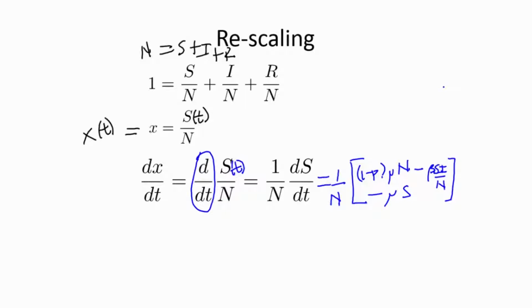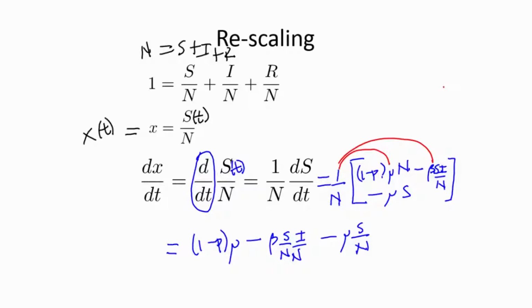Okay, so that expression, I'm going to continue this calculation here. That expression is becoming 1 minus p times mu minus beta s over n I over n minus mu s over n. So what happens when 1 over n is distributed here, multiplied by each of those terms?